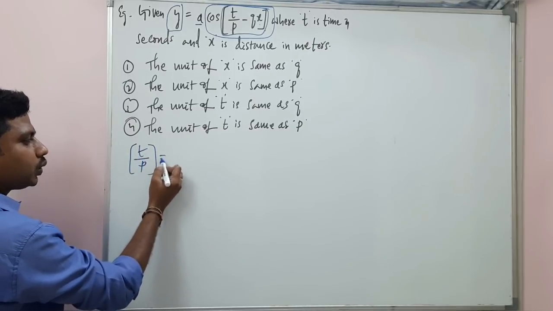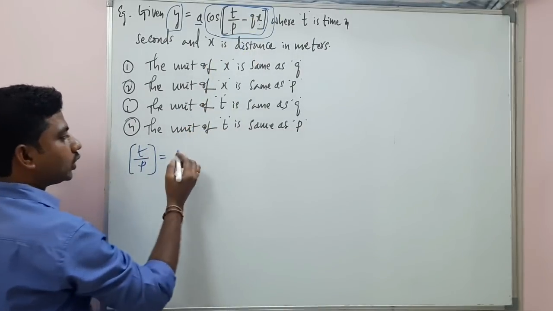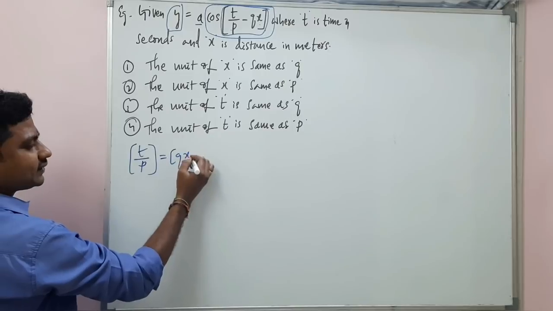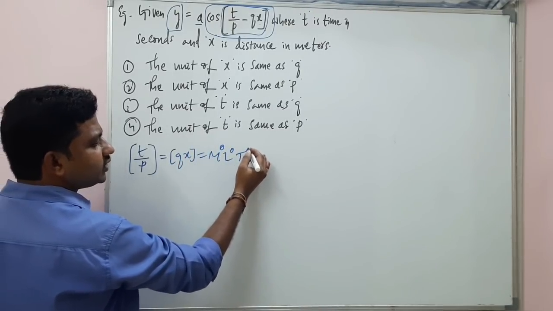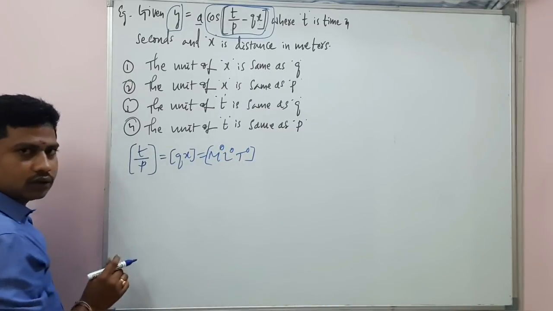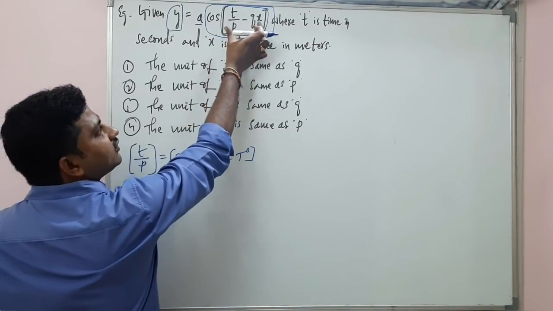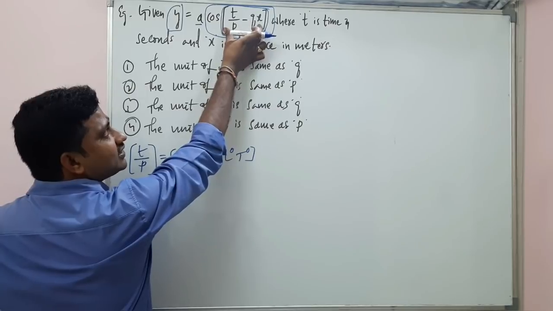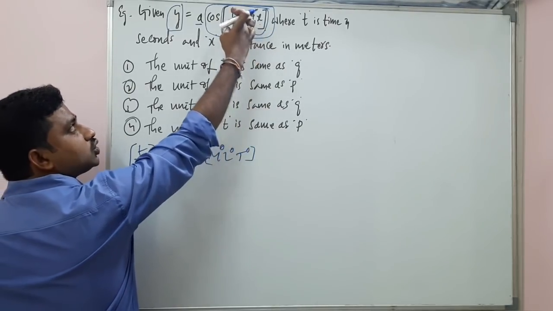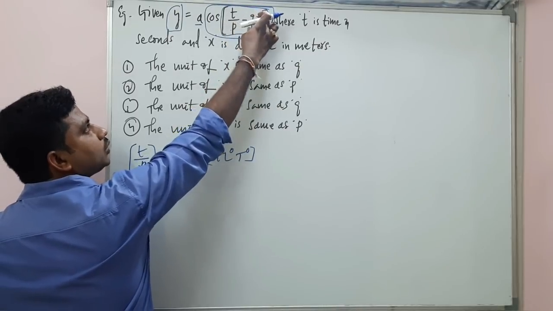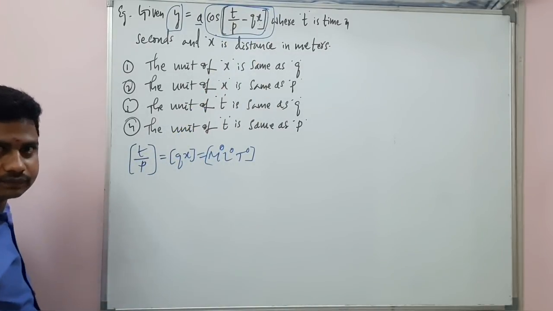Dimensions will be equal to, because there is a subtraction going on, qx dimensions will be equal to m0, L0, t0, because there won't be any dimensions for this subtraction. As you are subtracting, this dimensional formula must be equal to this dimensional formula.